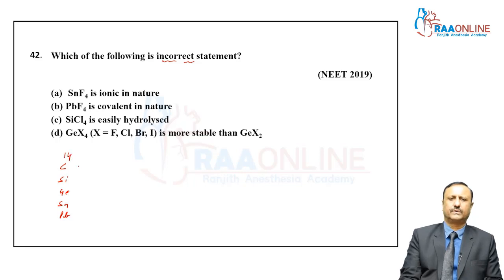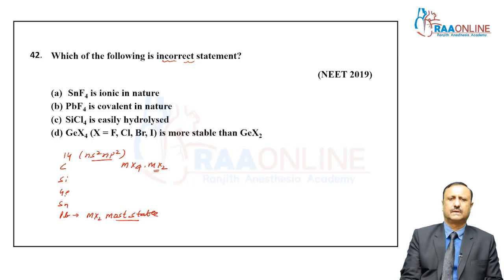Here you can see that in 14th group elements, the electronic configuration is ns2 np2. So, these elements form MX4 type bonds and MX2 type bonds. When you see lead, a heavy metal, it forms the MX2 type bond, which is more stable due to the inert pair effect.